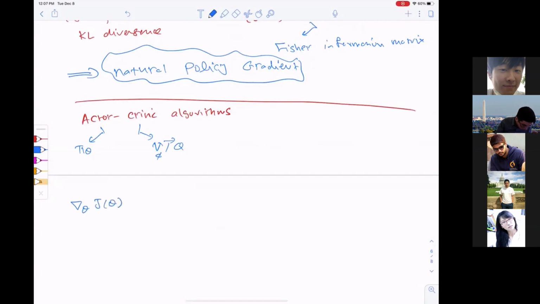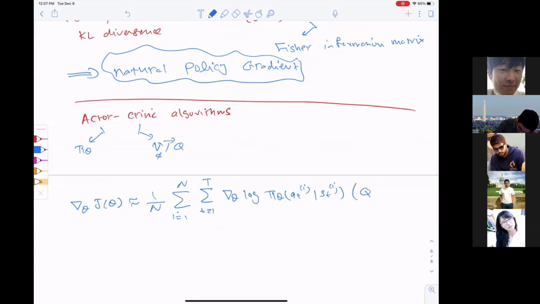So again, your gradient can be written as the sum over 1 to n, sum over t from 1 to T, of the gradients of the pi probabilities times the Q function at s_t_i and a_t_i.